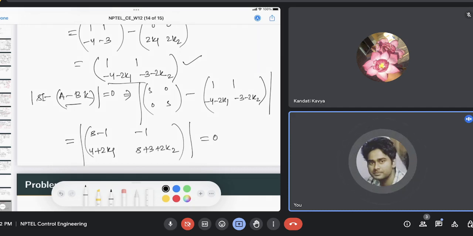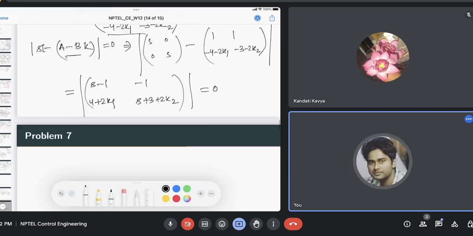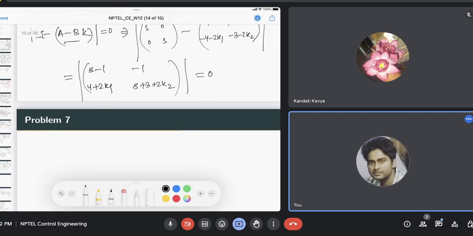So this will give the characteristic equation for the designed closed loop system. Simplifying, this gives (s minus 1)(s plus 3 plus 2k2) plus (4 plus 2k1) equal to 0.